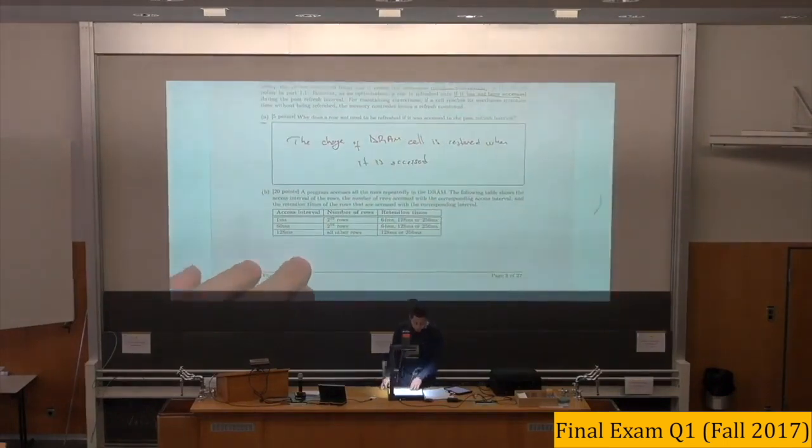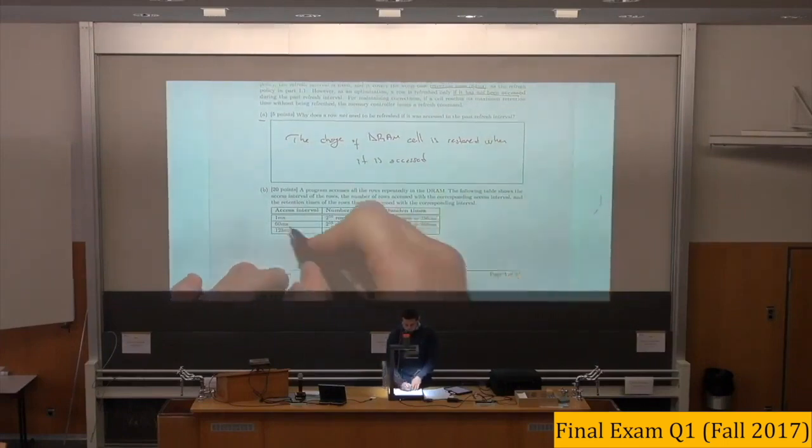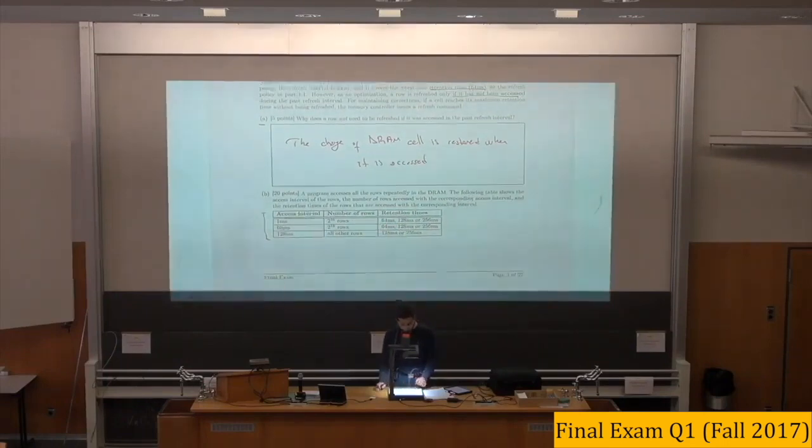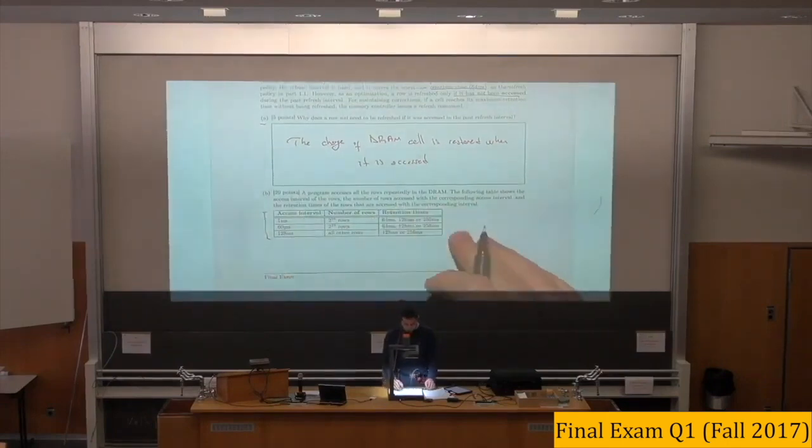For the second question, we are given a program where the program accesses the rows in this fashion. Basically, for that many rows, it accesses each 1 millisecond. And for that many rows, it accesses each 60 milliseconds, and for the rest of them, it accesses each 128 milliseconds. And the retention times are given for the rows that are being accessed.